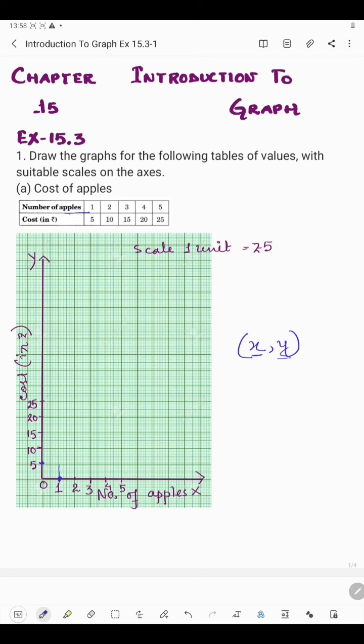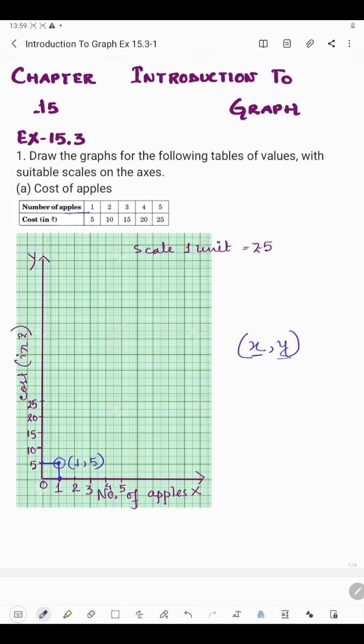So from point 1 you will go up, and since cost of 1 is 5, we will get the value on the y-axis. See, here is 5. So this is the coordinate 1, 5. 1 is the value of x and 5 is the value of y. So first we put the value of x and then the value of y.